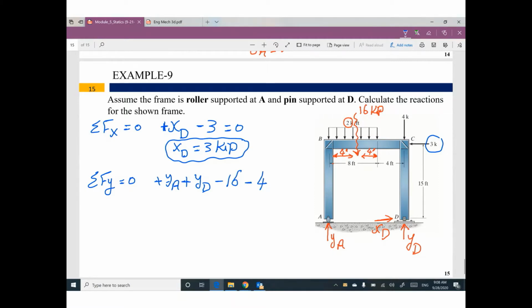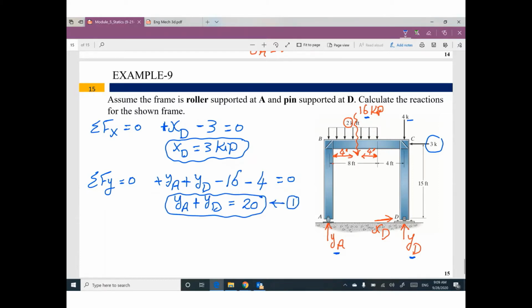Nothing else. Equals 0. We have two unknowns. I cannot do anything. Just simplify this equation. YA plus YD will equal 20. And I can call this equation number 1.